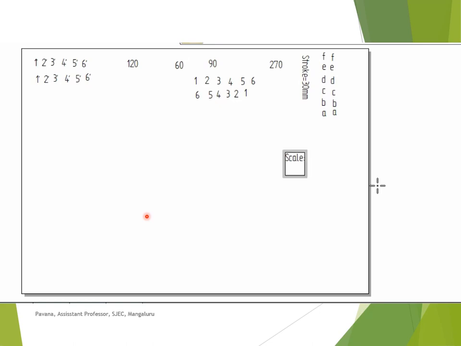So draw this in your book. Scale: 1 centimeter is 20 degrees. So follow the scale now. Once you understand, you can take your own scale and draw it.